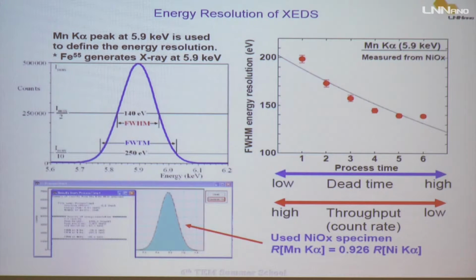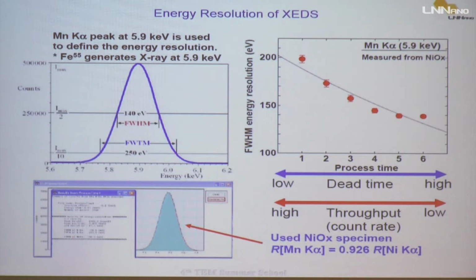There is a dependence between the resolution of the detector and the amount of signal being processed by the spectrometer, because we have a parallel detector that gets photons arriving with different energies.